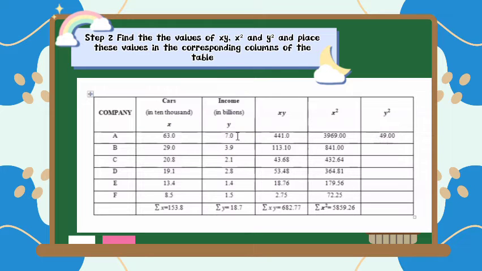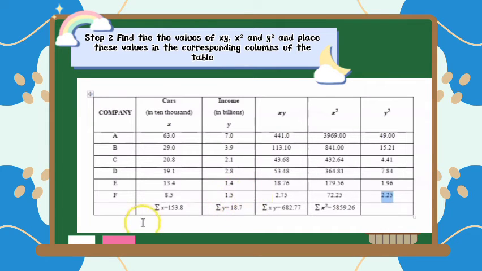To find y squared, same process as x squared, we square these values. So 7 squared is 49.00, 3.9 squared equals 15.21, 2.1 squared equals 4.41, 2.8 squared equals 7.84, 1.4 squared equals 1.96, and 1.5 squared equals 2.25.